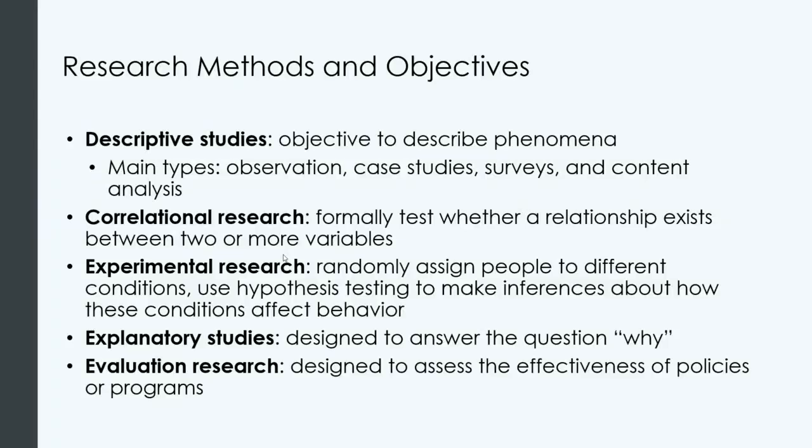But if you're really trying to make cause and effect conclusions, that's where people dive into the experimental research realm. Once you enter the true experiment, that's the only way you can actually make cause and effect claims, hypotheses that try to identify that this caused this.